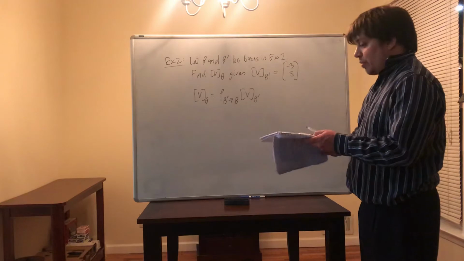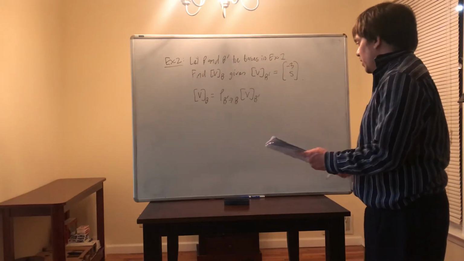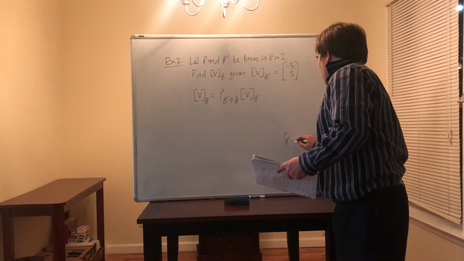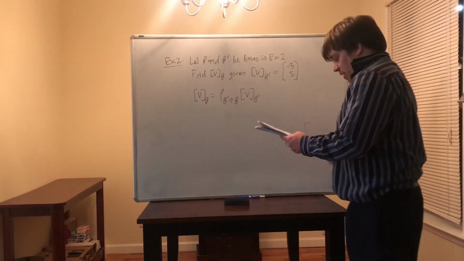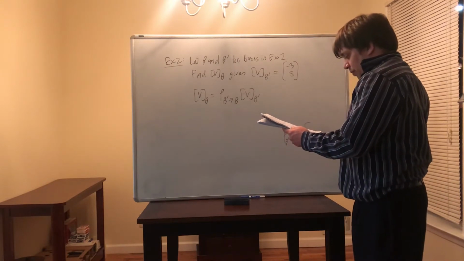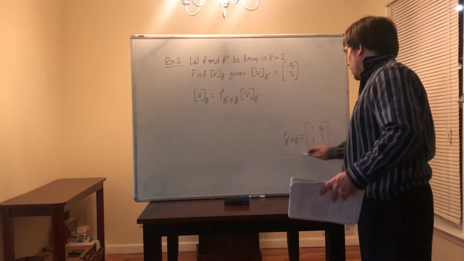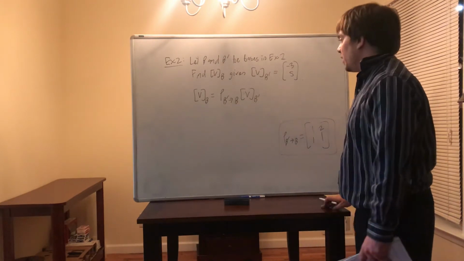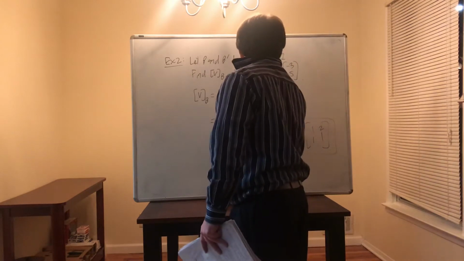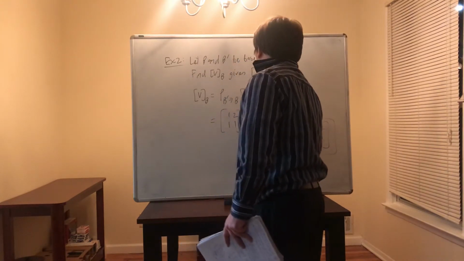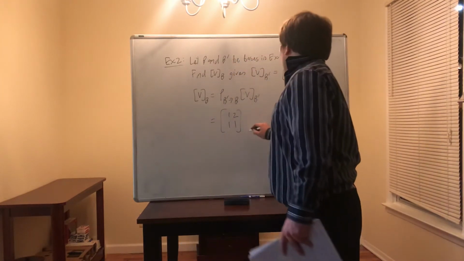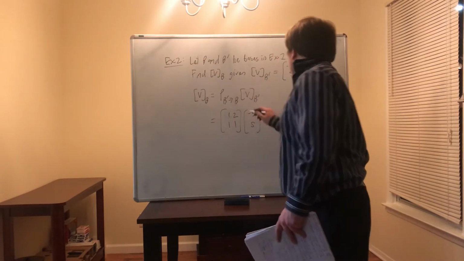Okay, and so we found earlier that the transition matrix from B prime to B is this matrix, 1, 1, 2, 1. That's the transition matrix from B prime to B. And so you just plug that in here, that matrix times this, which is (-3, 5).